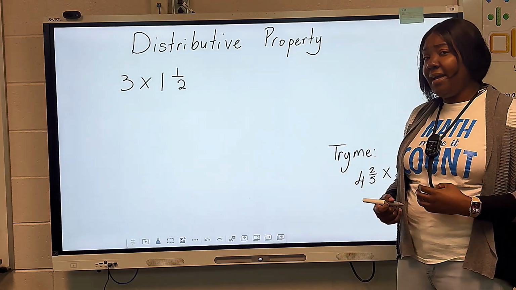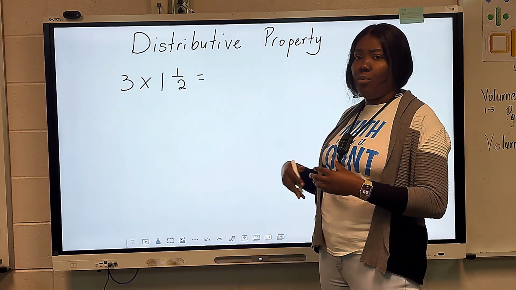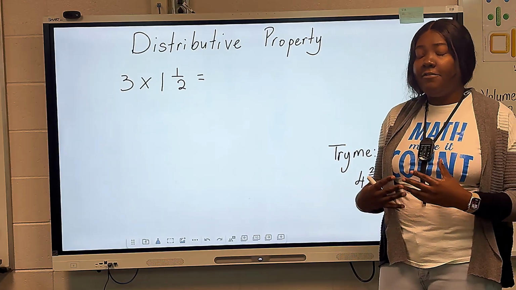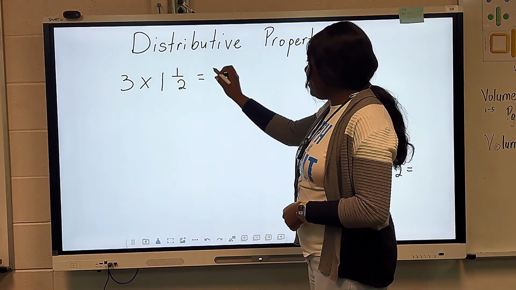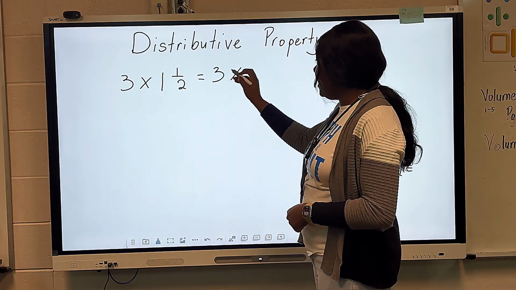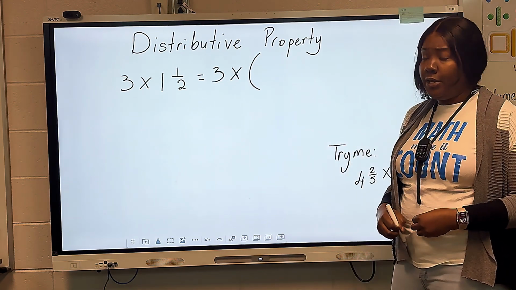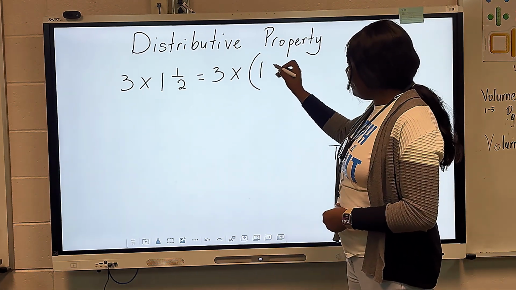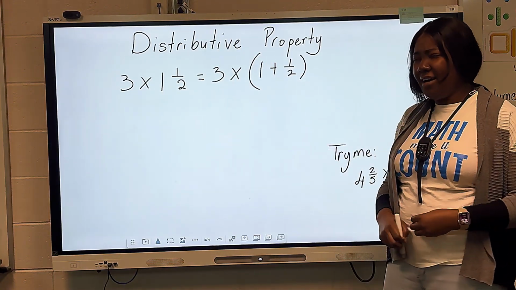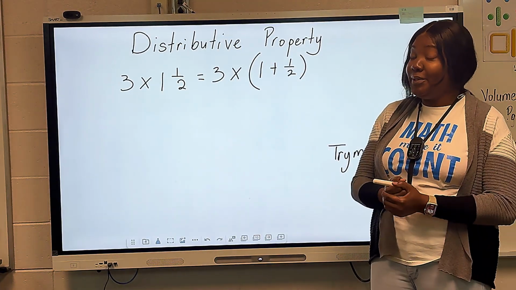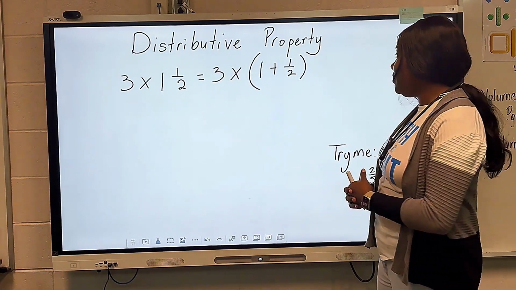So let's write our number sentence so that it looks like what we want it to look like for the distributive property. So I'm going to write my whole number 3 times, I'm going to rewrite my mixed number using 1 plus 1/2. Right? Do you agree with me, boys and girls? I hope you do, because you need to be working along with me as we go.